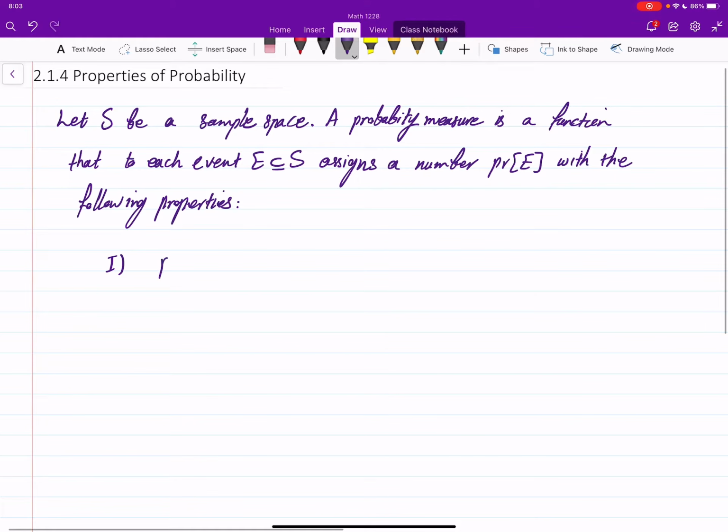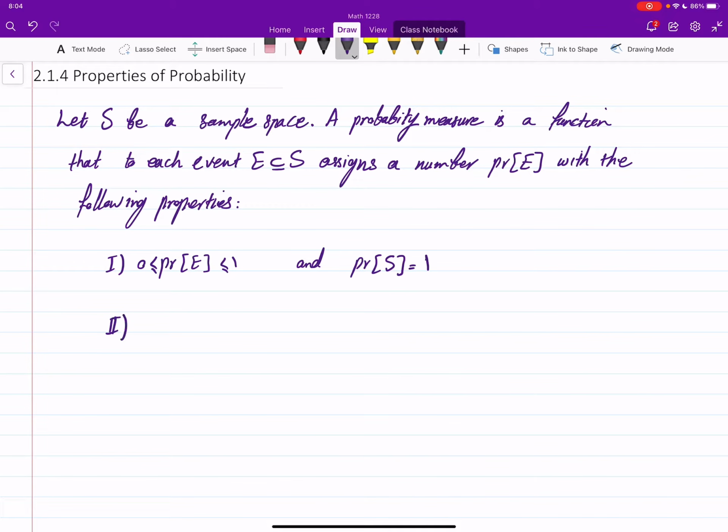First of all, probability of any event must be a number bigger than or equal to 0 and less than or equal to 1. And in particular, we are interested in the cases that probability of sample space, the whole event, the largest event possible, must be equal to 1.